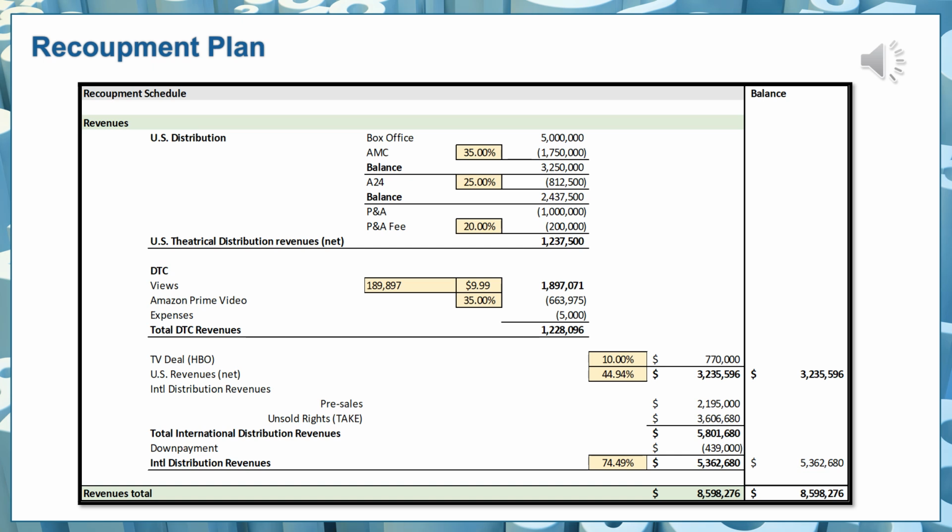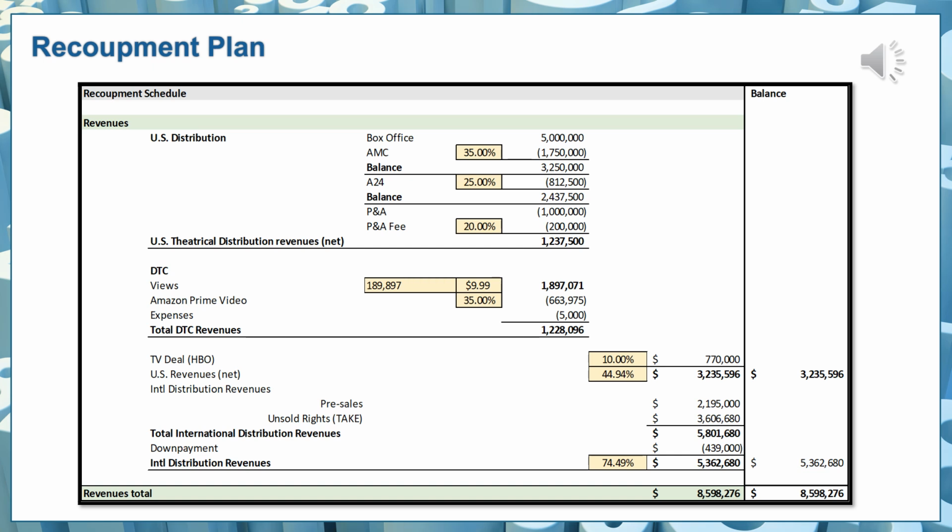A24 charges us 25% of that. That is $812,250, leaving us with a balance of $2,437,500.